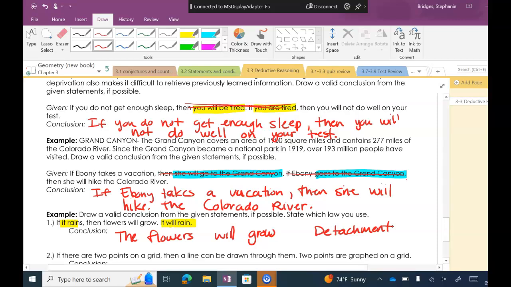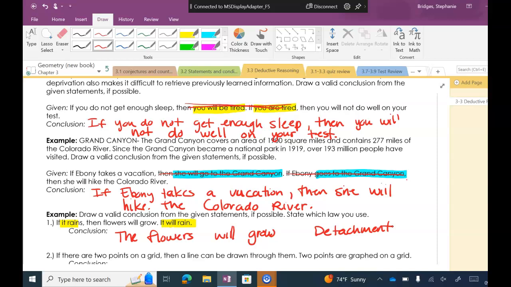Okay, try number 2. First thing you need to look at, is it 1 or 2 if-then statements? One if-then statement is detachment. They must repeat the hypothesis in order for you to make a valid conclusion.